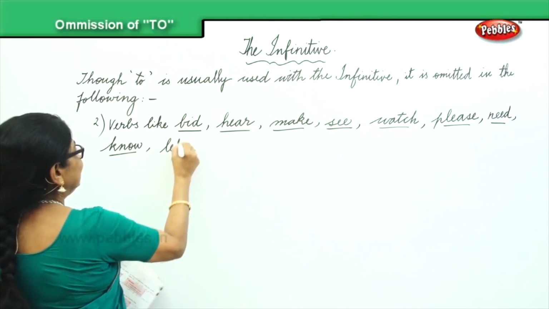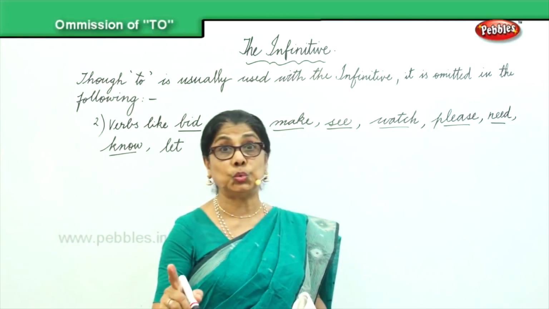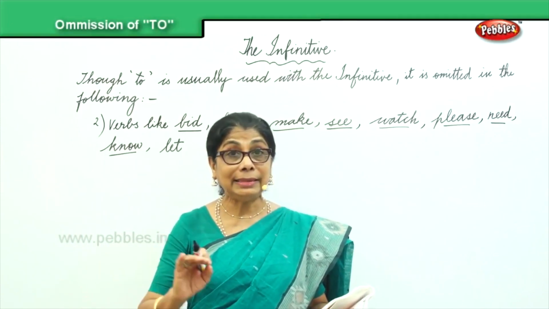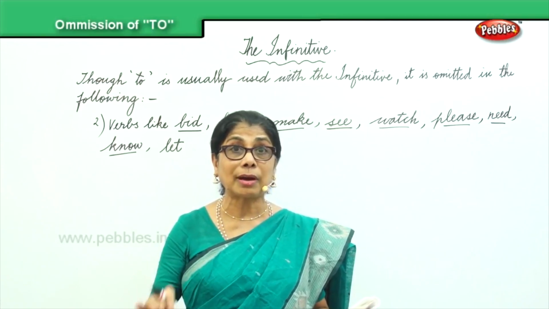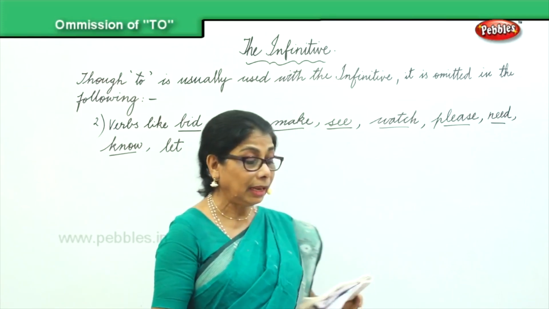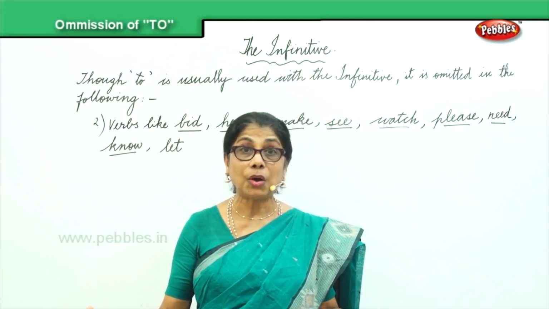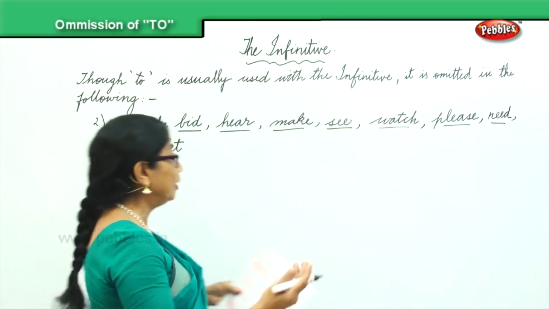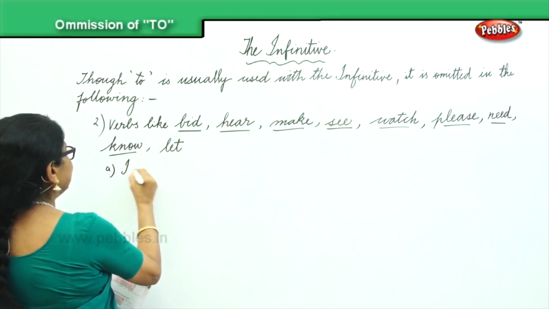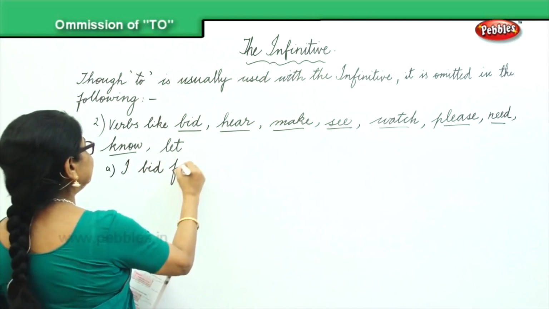When you're using these words, we are omitting to. Using these verbs in the sentence, we do not write to. Now, first word we have is bid. She bid us, or I bid them farewell. I bid farewell.